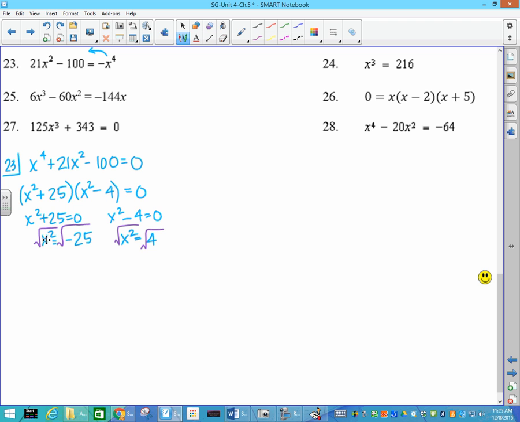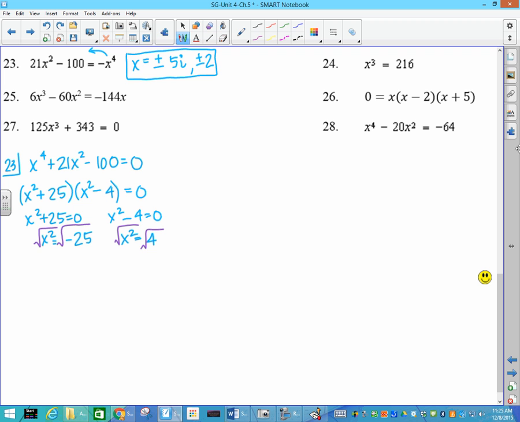But the whole point of that was to say, if you have a negative underneath here, when you write those answers, x equals plus or minus always when you take that square root. But if there's a negative underneath there, that's going to give you the i. The square root of 25 is 5, so that's going to be 5i. There's no negative here, so that's going to be plus or minus 2. And what degree is it? It is a fourth degree equation. I have 1, 2, 3, 4 roots.